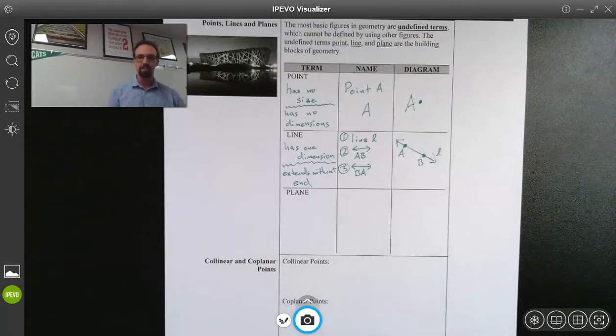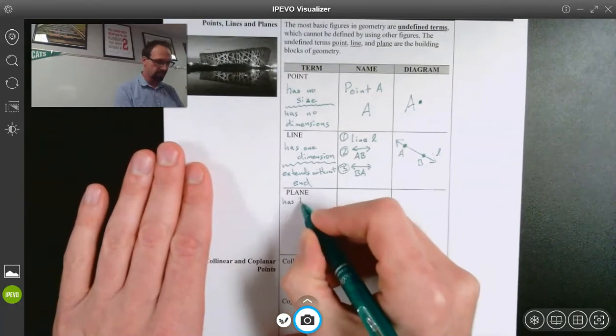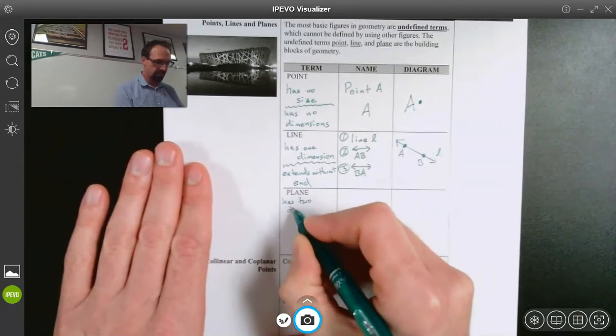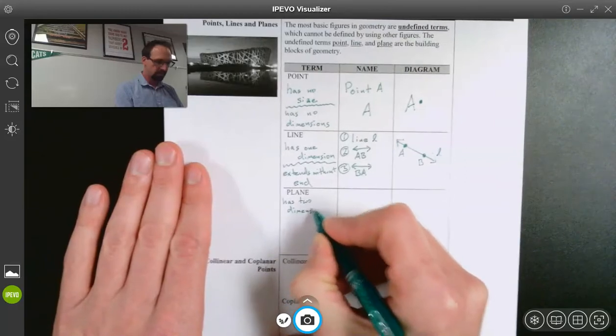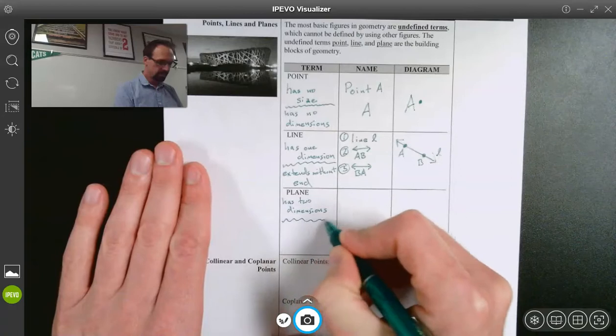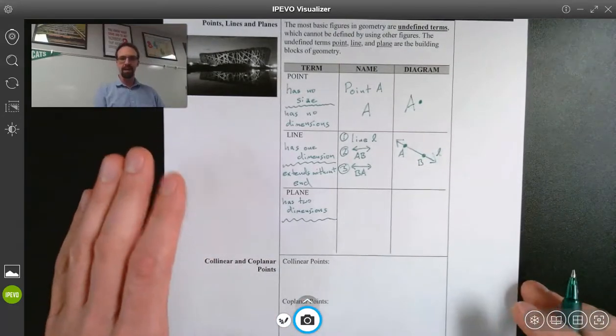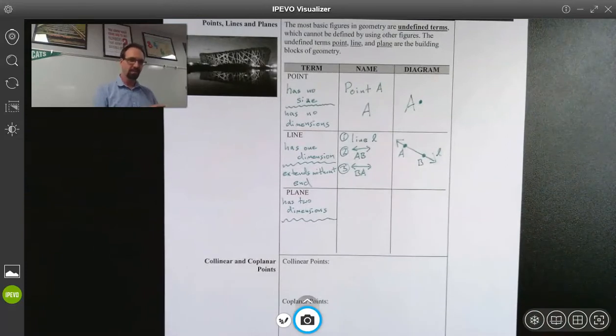The next thing we have is plane. A plane has two dimensions. Usually we refer to it as length and width. So this one extends out forever in two dimensions.